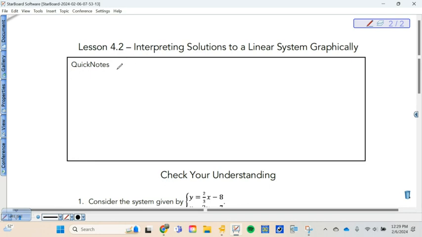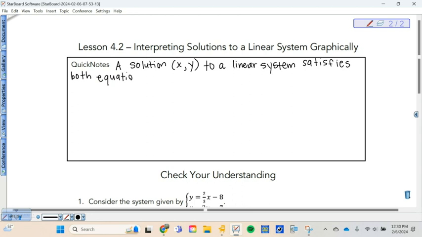A solution x, y to a linear system satisfies both equations in that system, and is on the graph of both equations.